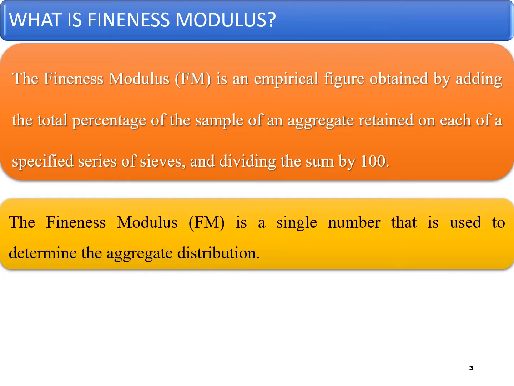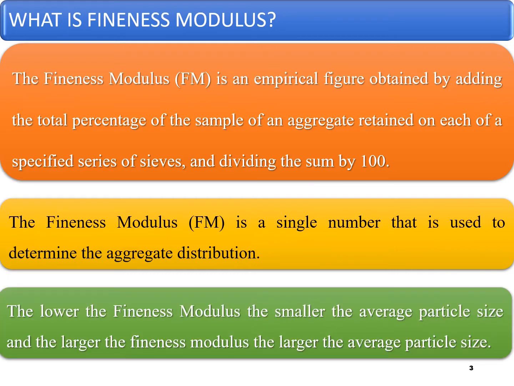The fineness modulus is a single number that is used to determine the distribution of the aggregate, how coarse or how fine the aggregates are. Depending upon the FM value, you can very well identify whether the distribution is on the coarser side or on the finer side.